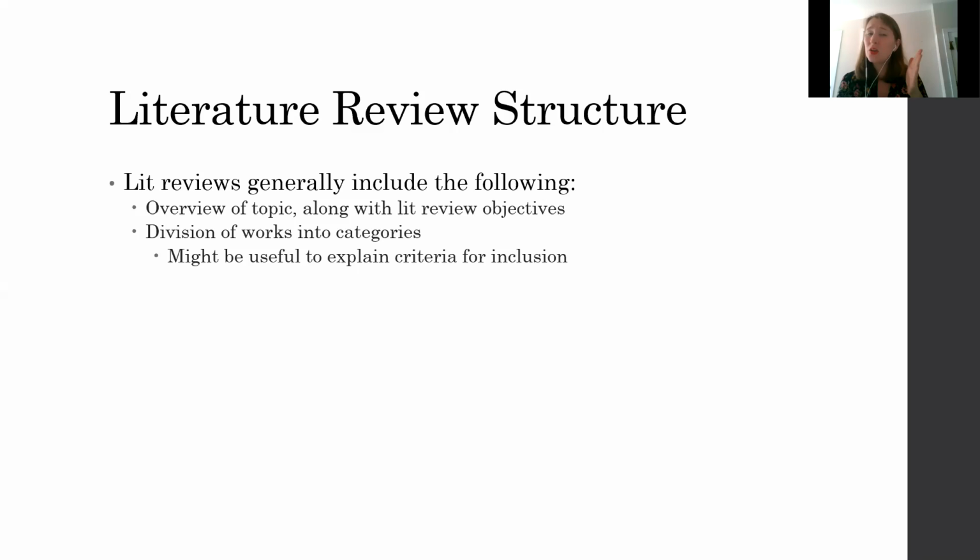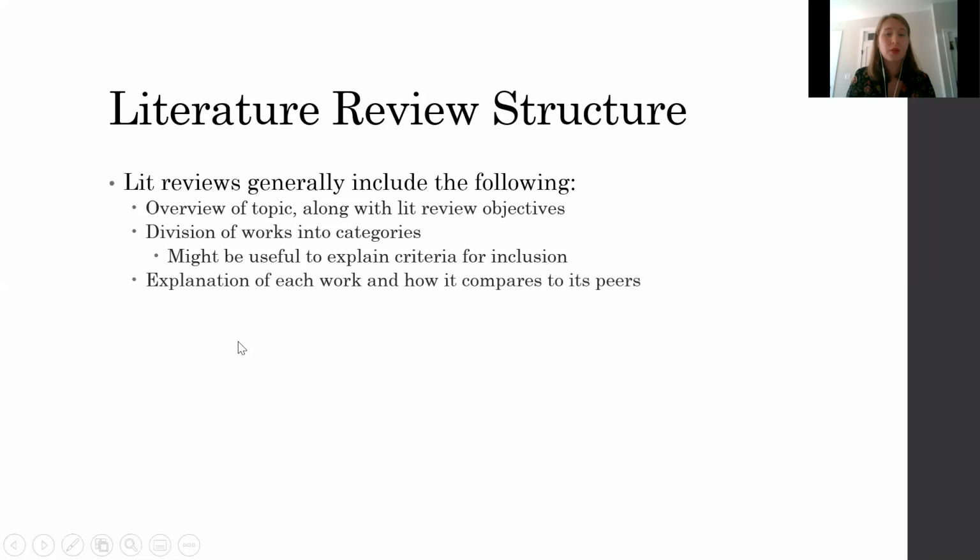So you might include in your literature review the criteria that you used when you were deciding which sources to include, okay? So if you only used certain sample sizes, then say that. If you were only looking at people from this particular way of thinking, then say that. But if you had particular criteria for inclusion, then you should explain that in your literature review, okay?